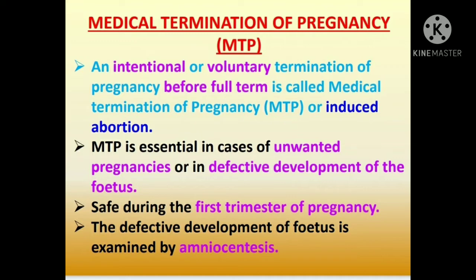Once they get a confirmed report, they say that the person can go for the further pregnancy. If they see any defect in the development of the fetus, then they will tell the patient to go for the MTP. Otherwise, it will not be good for the baby, for the fetus.